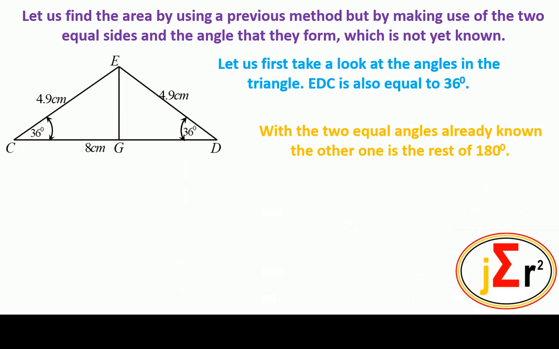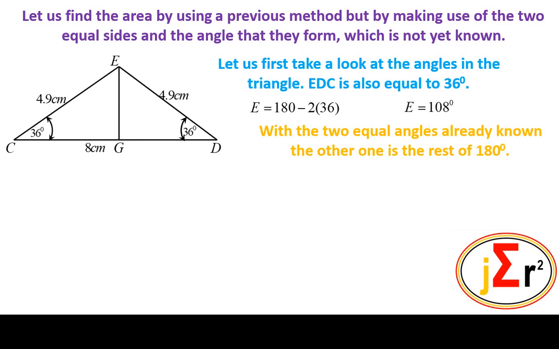With the two equal angles already known, the other one is the rest of 180 degrees. The angle at E is therefore equal to 180 degrees minus twice 36, which is 108 degrees.